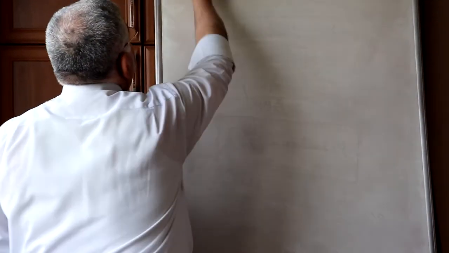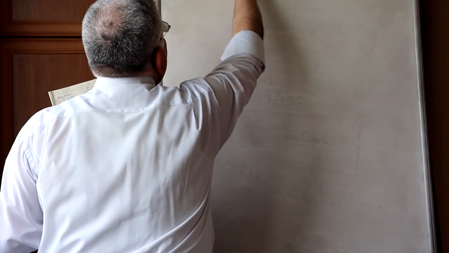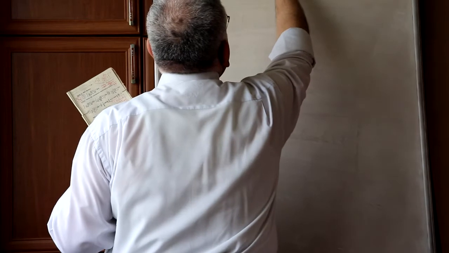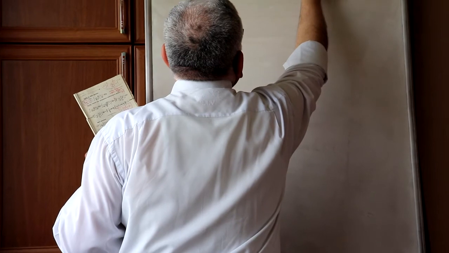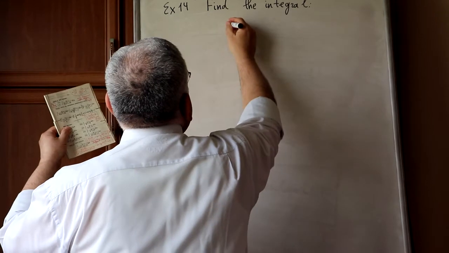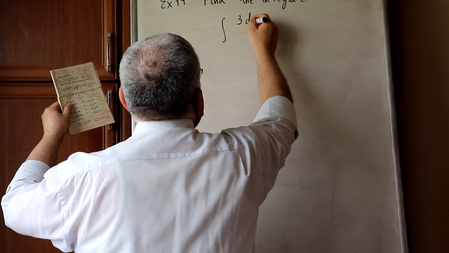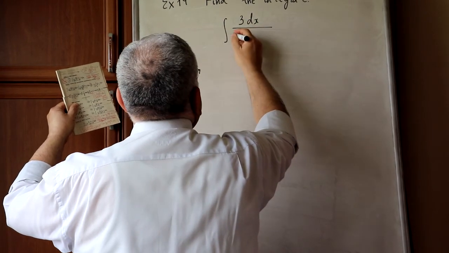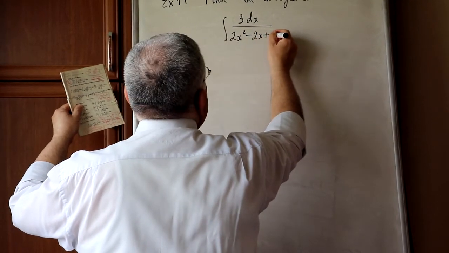Then consider the next example. Example 14. Find the integral of 3 dx over 2x squared minus 2x plus 5.